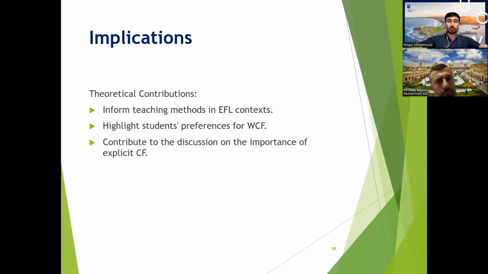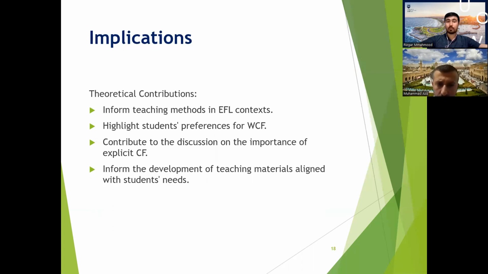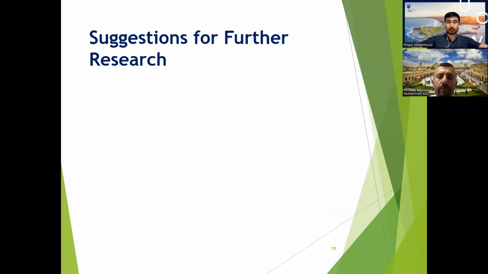The third one contributes to the discussion on the importance of explicit written corrective feedback. And the other implication is that it informs the development of teaching materials aligned with students' needs, in order to develop future materials for learners in different contexts, specifically in EFL contexts.